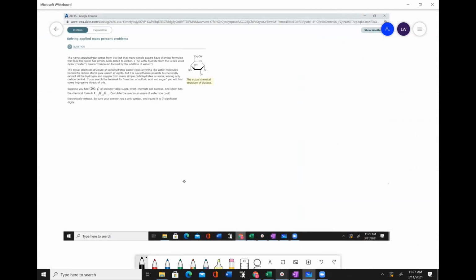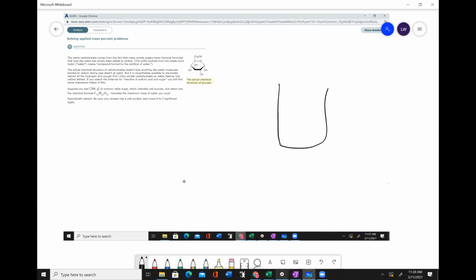Then it goes on, it says the actual chemical structure of carbohydrates doesn't look anything like water molecules bound to carbon atoms, but it is nevertheless possible to chemically extract all the hydrogen and oxygen from many simple carbohydrates as water, leaving only carbon behind. If you search the internet for reaction of sulfuric acid and sugar, you will find some impressive videos of this. This is true.